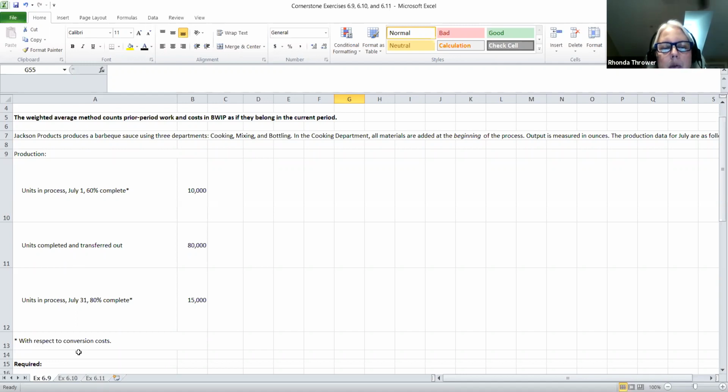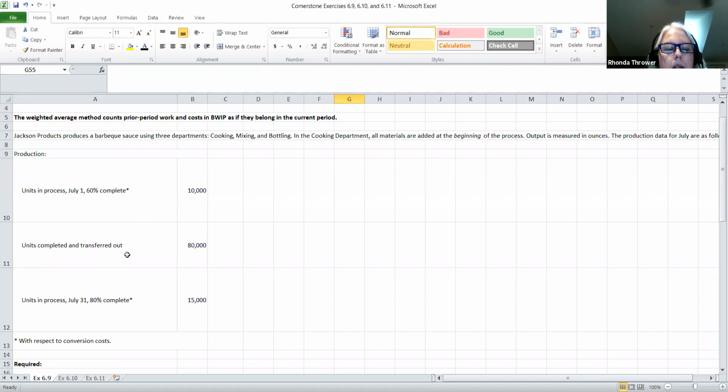Remember, your conversion costs were your direct labor and your factory overhead cost. So this 60% complete is just about conversion cost. All your materials are added at the beginning of the process, so all of these beginning inventory items had all of their materials added.